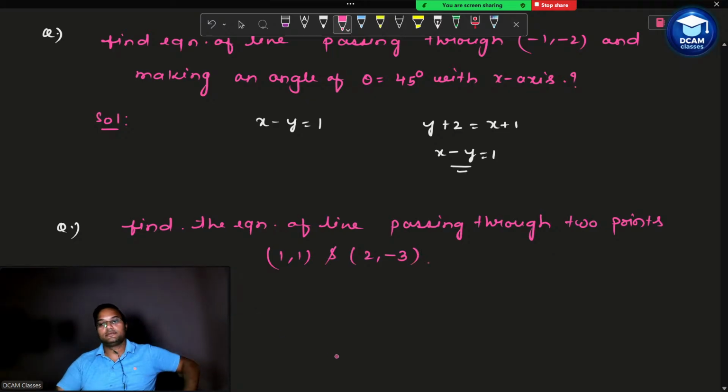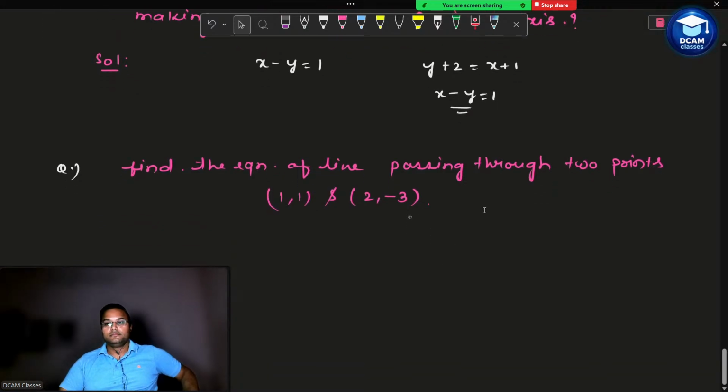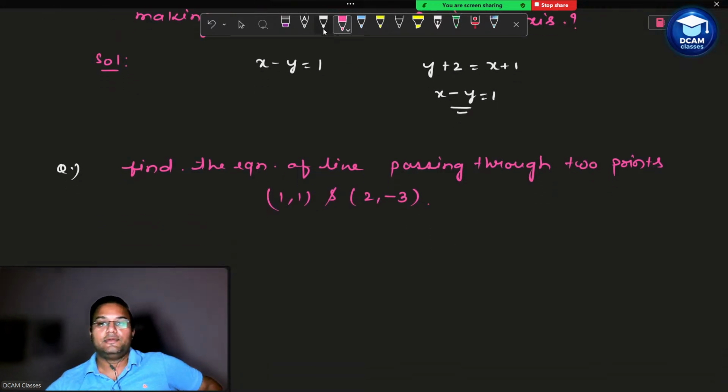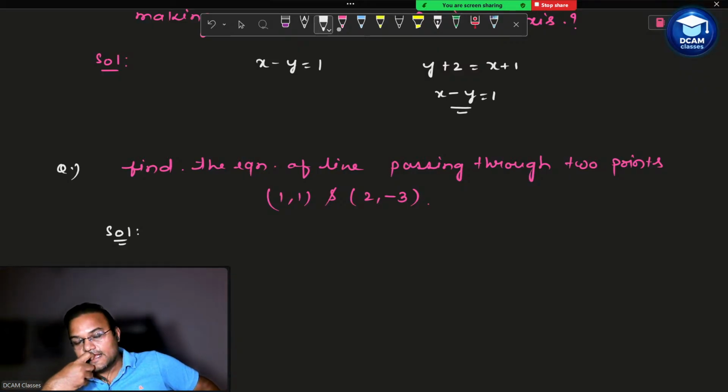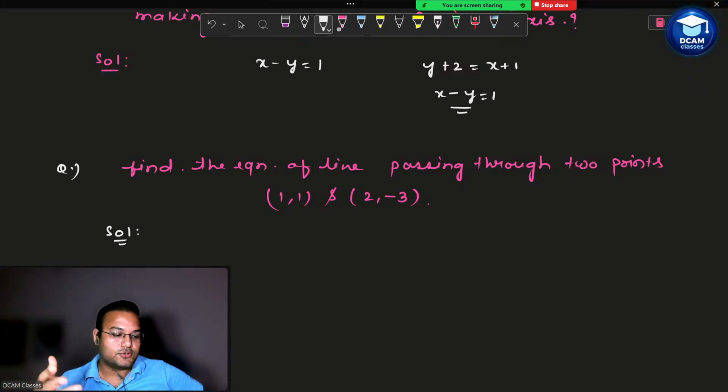Can you solve this? Actually, when you will be solving this, you will be getting confusion. Just tell me whether you are getting confused or not. If you're able to solve, okay, solve it.